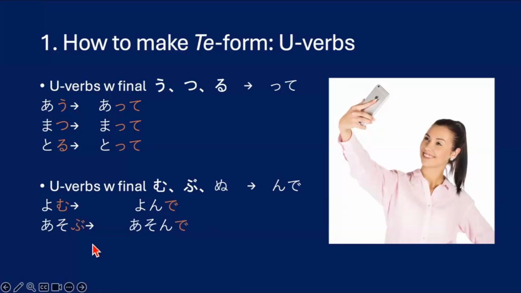Asobu, either play with toys, or if adults use this word, then you spend fun time, maybe with friends or doing something special. Asobu, take bu out and then add de. So asonde, asonde. Shinu is to die. So take nu out, change it to de. So shinde, shinde.